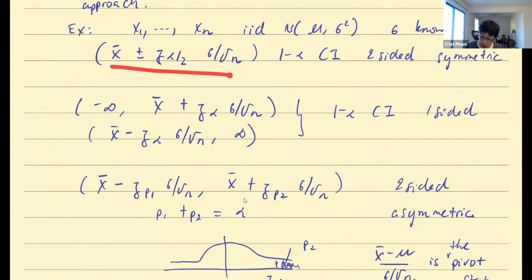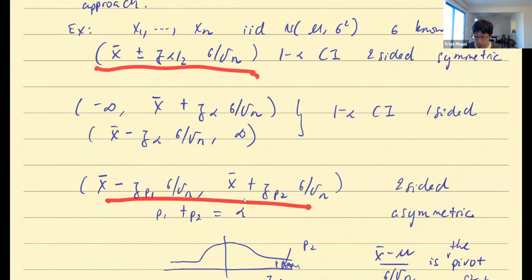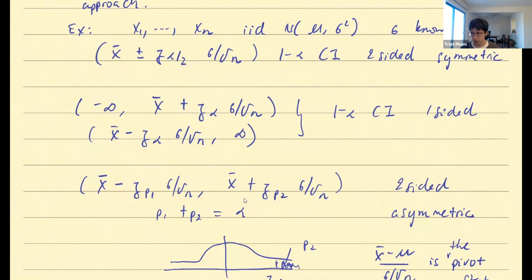So when we do this, it's not just out of aesthetic consideration. This is the shortest one among all possible choices of two-sided confidence intervals. You see why?